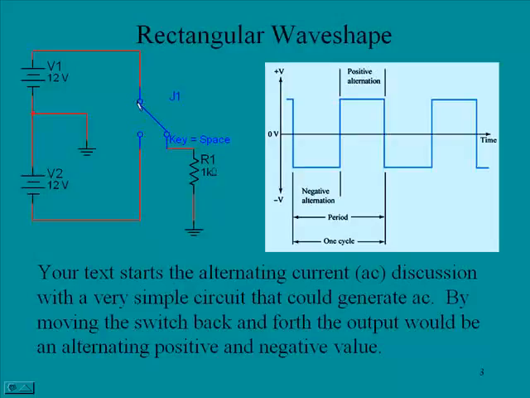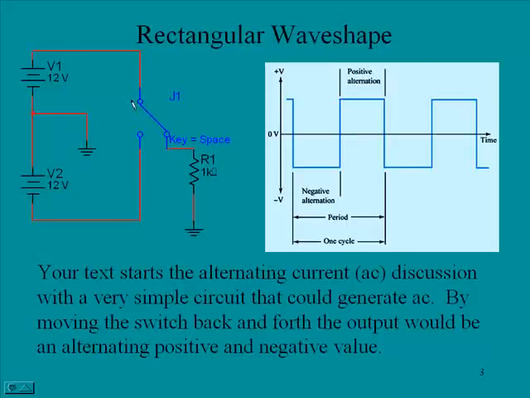I think your text does this because we have looked at DC, and this would be a way of generating an alternating current source. It'd be far from ideal, but we could do it this way, and by looking at this we get a sense of the movement of current.